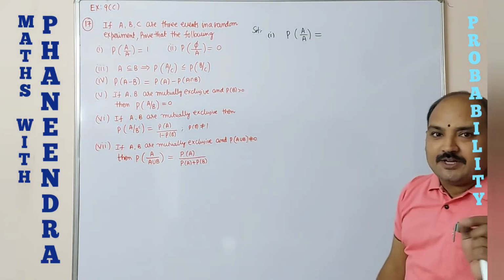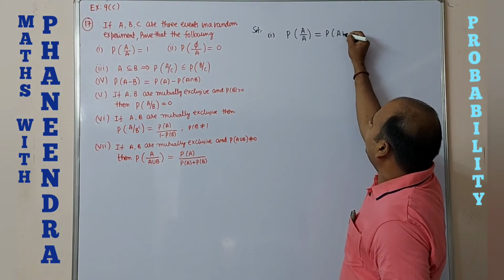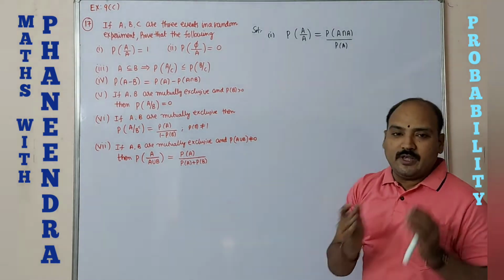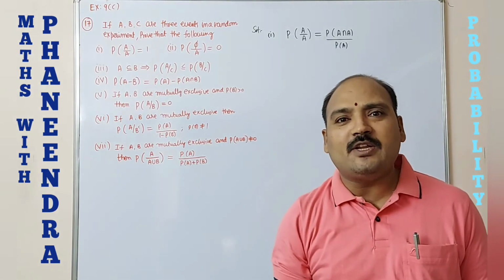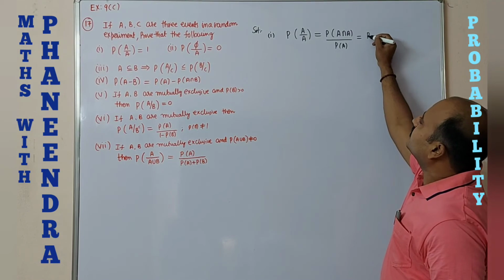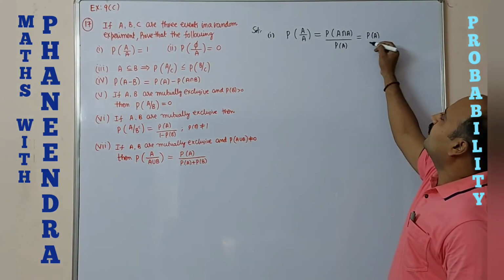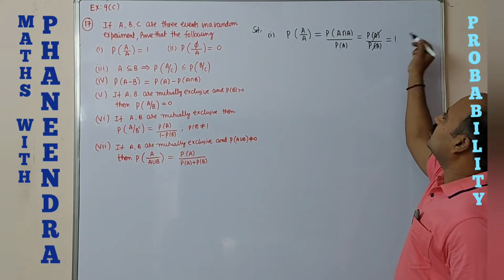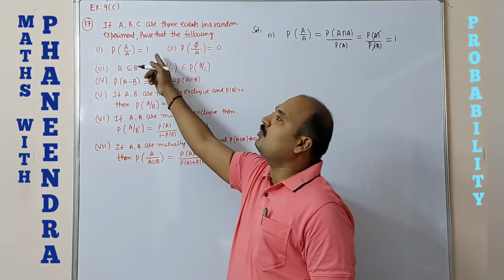By definition of conditional probability, P of A given A can be written as probability of A intersection A by P of A. A set is there, another set is also A. A intersection A, the common element is what? A set only, no? So A intersection A is equal to A itself. So P of A intersection A is P of A, by P of A. So both will be cancelled, which is equal to 1. So the first question we proved that P of A given A is equal to 1.